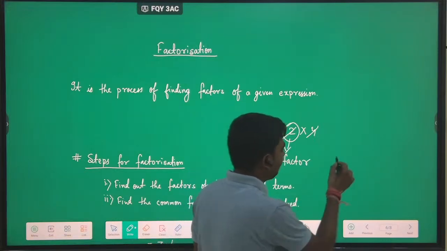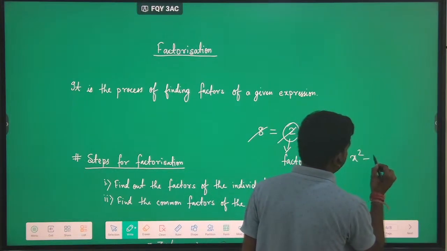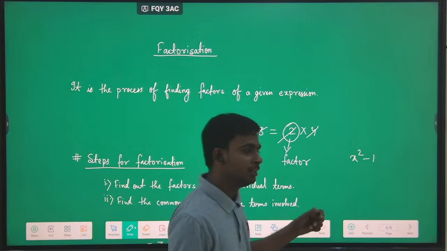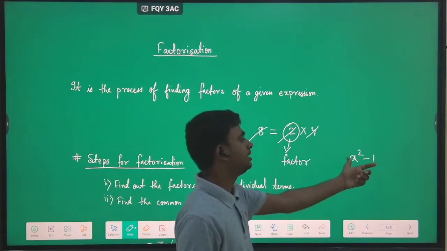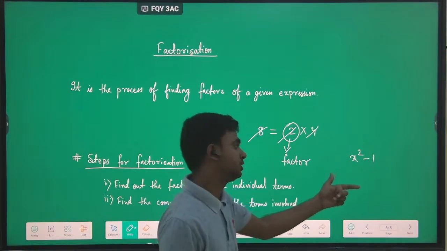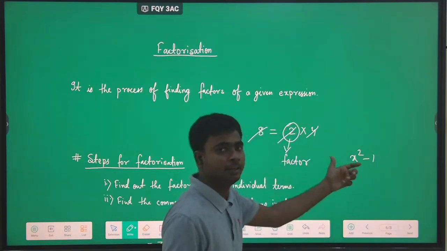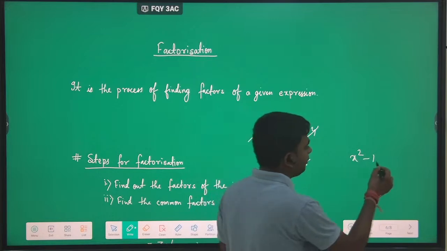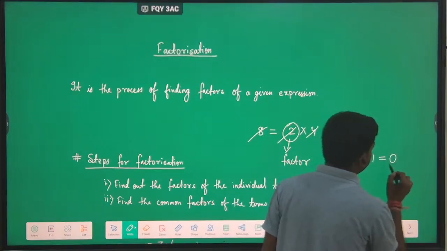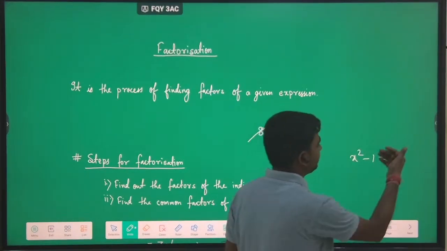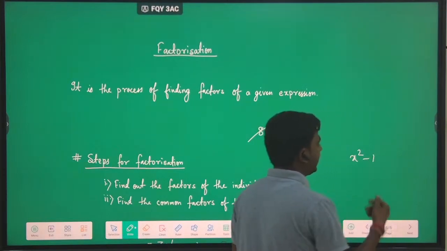For example, if we have x square minus 1 as a polynomial, what will be the factors of this expression? It will be an equation when we equate it with 0; it is an algebraic expression when it is like this.